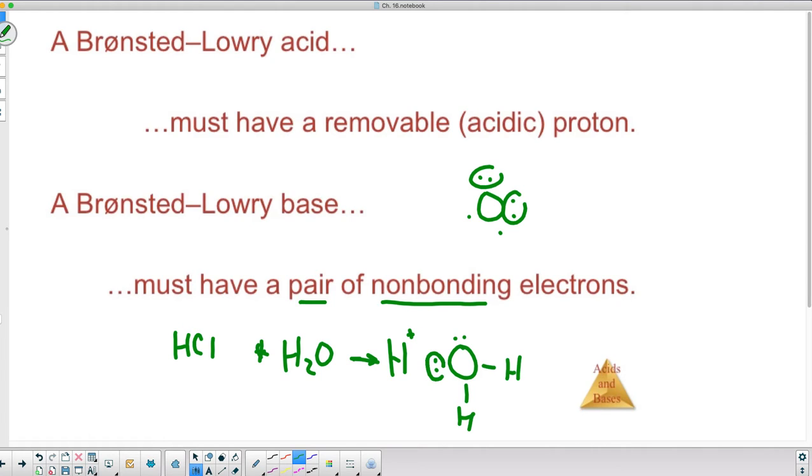So here is where it attaches itself to those two. That's how a Bronsted-Lowry base accepts a proton: both of these electrons right here are supplied to form a bond, which is called a coordinate covalent bond. I forget exactly what it's called, but we'll talk more about that later.